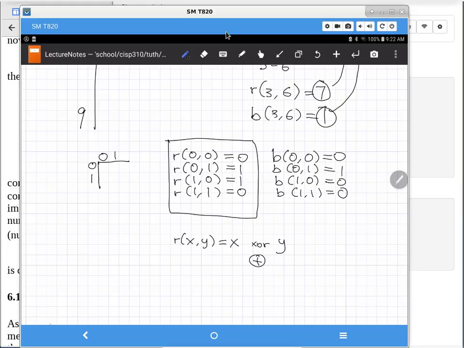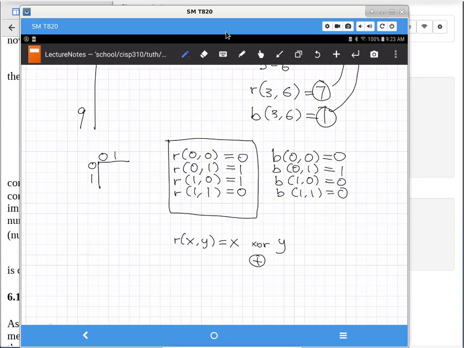All right. So borrow is the only one that is kind of not the same as what we have seen before. But it's not too bad because the only time b of x, y is a 1 is when x is false and y is true. So what do you think is the Boolean expression to deal with that?